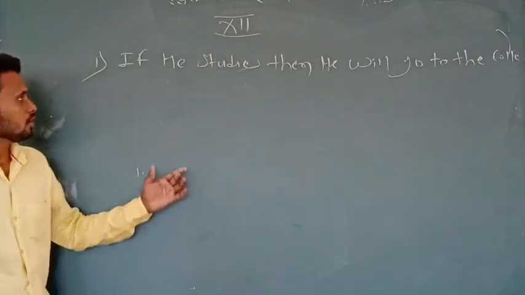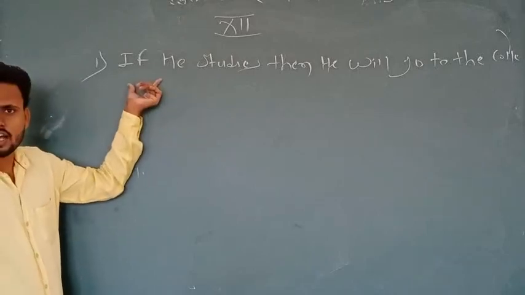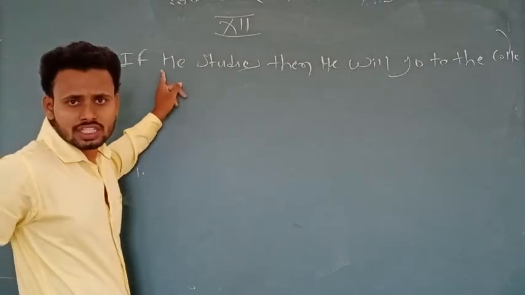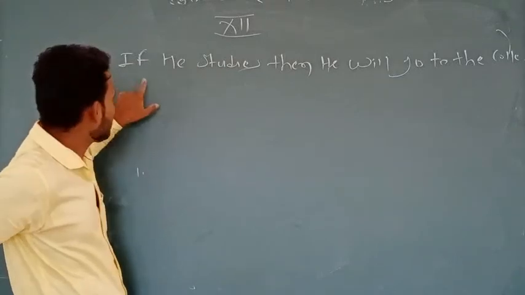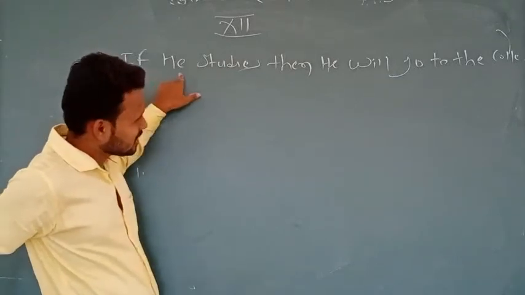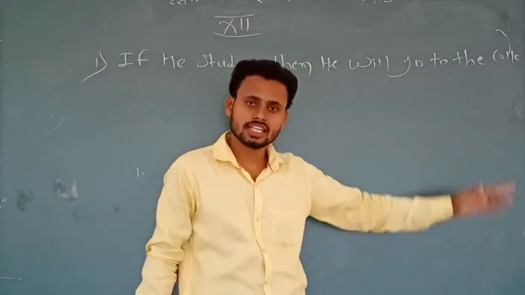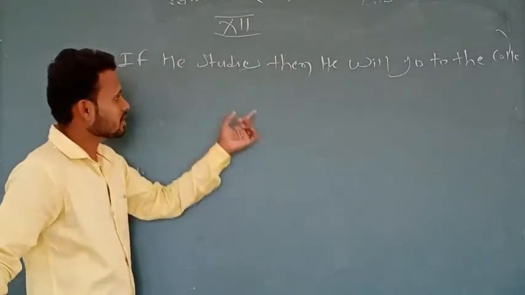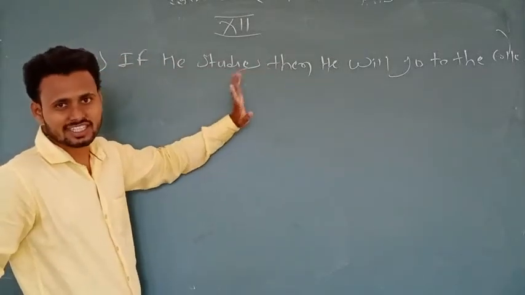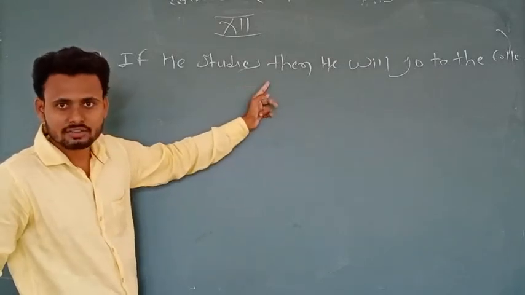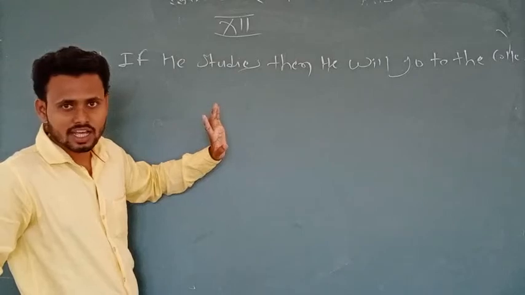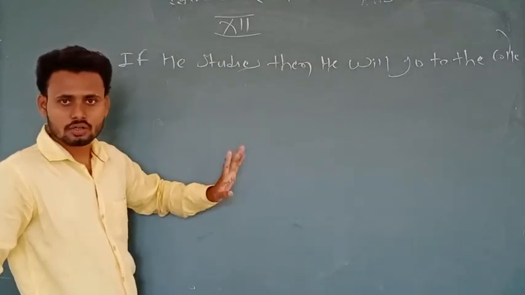The question is: write the converse, inverse and contrapositive of the following statement. The statement is: if he studies, then he will go to the college. We have to find the converse, inverse and contrapositive of that statement. First we will find the symbolic form of that statement, and then we will find the converse, inverse and contrapositive.